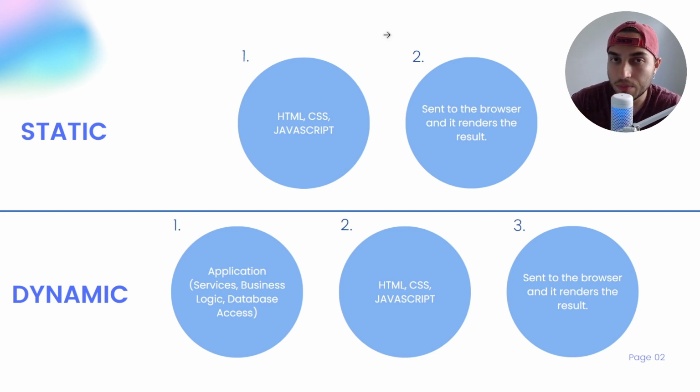But now in the dynamic approach, the difference is that there's an application running on the web server, and every time I make a request to a specific page, for example Amazon /users, that is going to make a request to the web server. The application is going to build the markup. It is going to build the HTML required based on some conditions, and it is going to send all the files required to build that specific page, which in this example was /users.